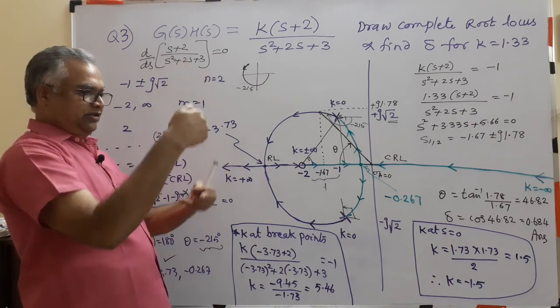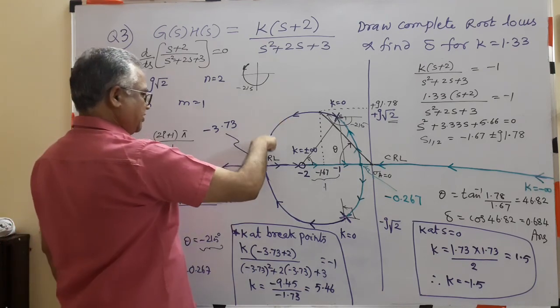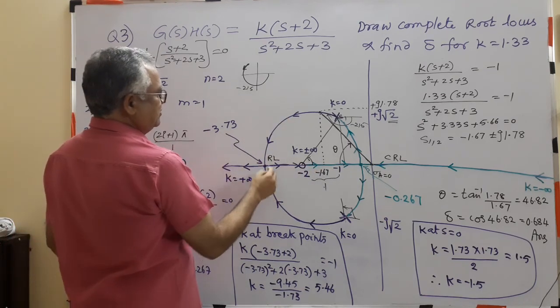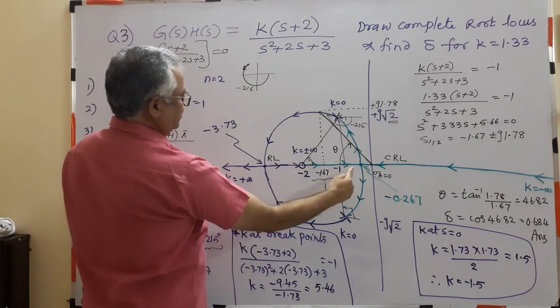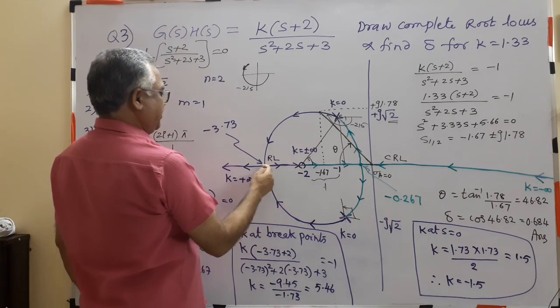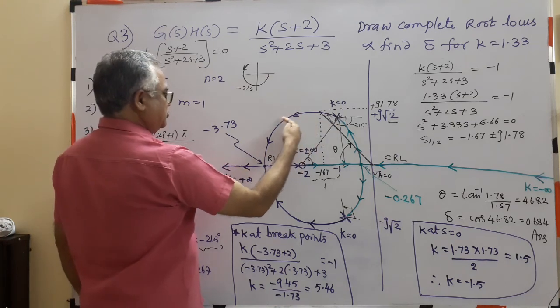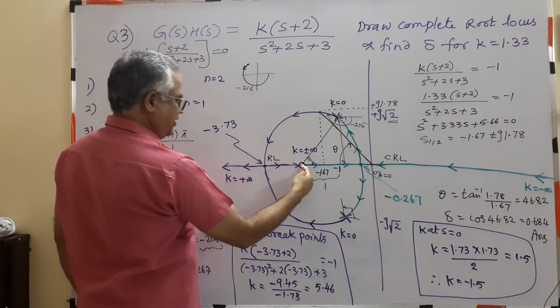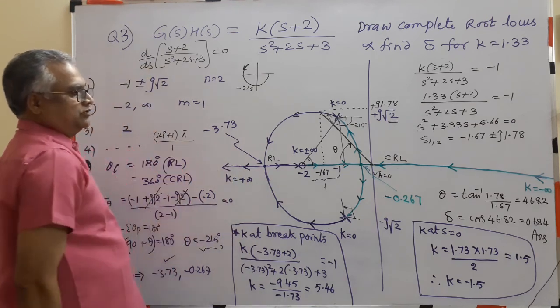If it is coming this way, angle of departure will be like this. With respect to this it is 90 degrees na. So when they hit here, they go like this, towards plus infinite. So k equal to 0 to infinite.